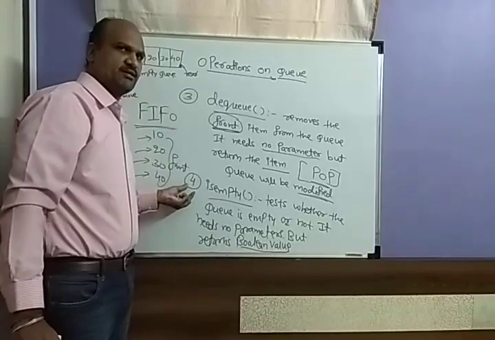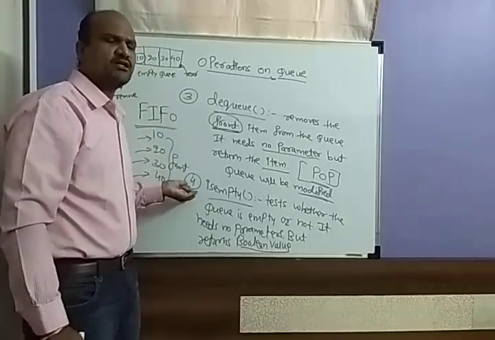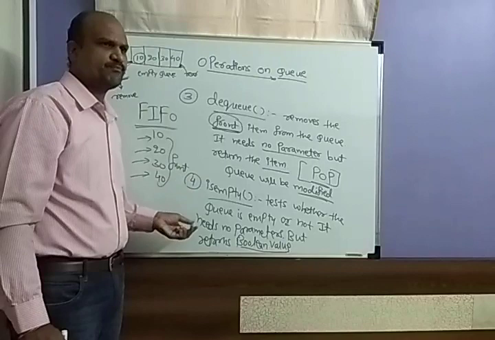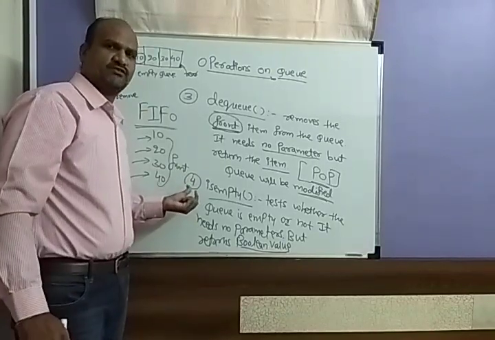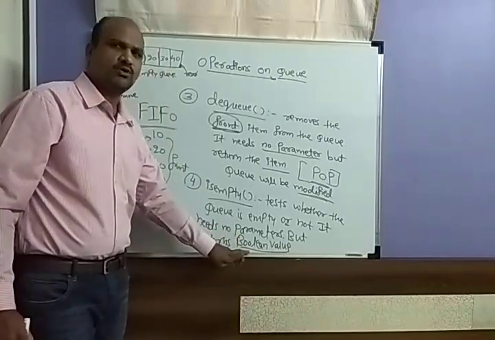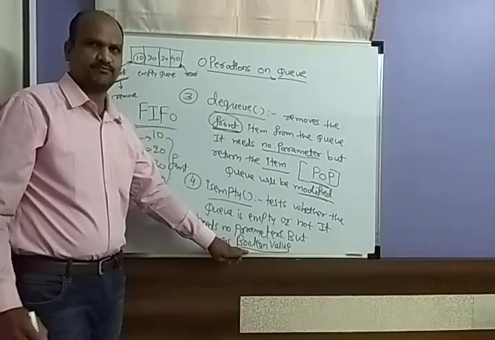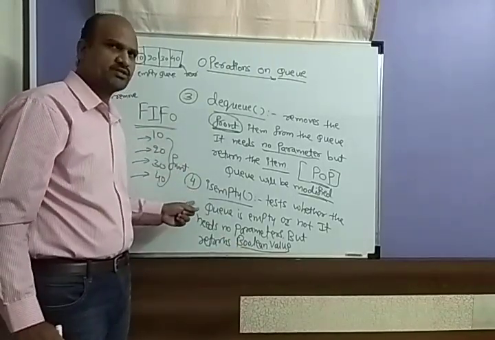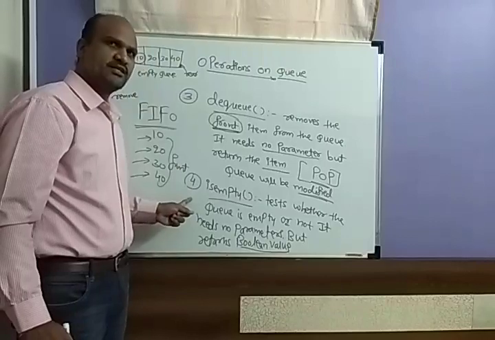So isEmpty will check whether the queue is empty or not. If it is empty or if it is not empty, then it will give the Boolean value, that is 0 and 1. So these are two operations, that is dequeue and isEmpty.